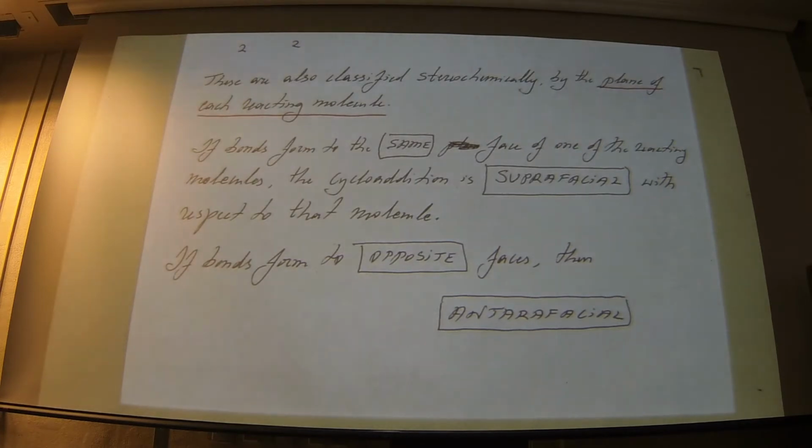Let's just say that you have two molecules, and they're coming together to form bonds. Now we're talking about pi bonds here, okay? So the pi bonds in any molecule, you have two planes, right? So let's just start with the simplest pi bond we know, which is the one in ethylene.